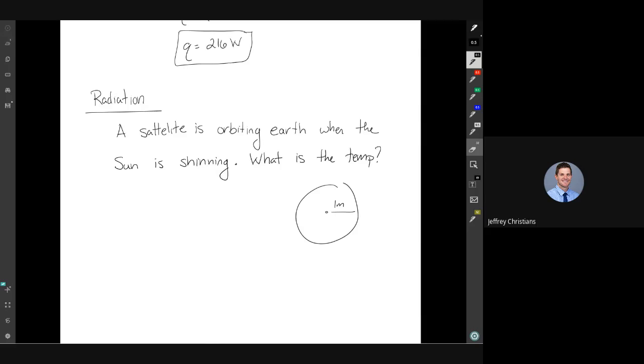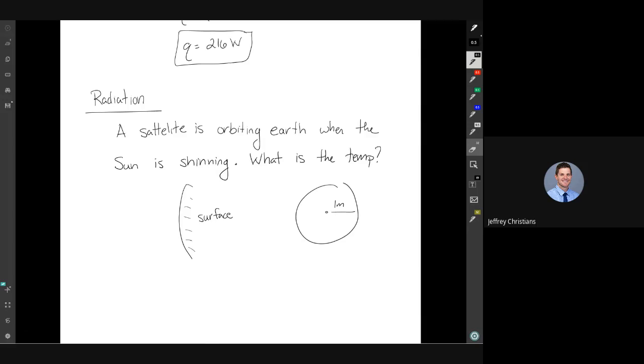If we looked at the surface of our satellite, it's going to be exposed to light from the sun, so there's going to be radiation hitting it.